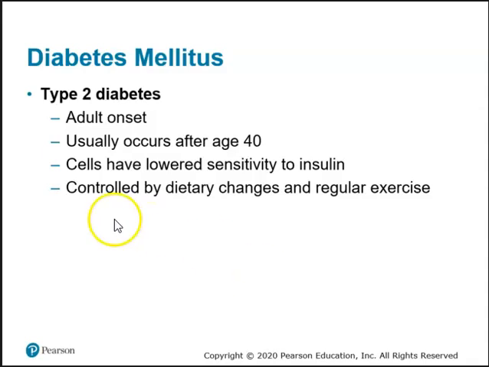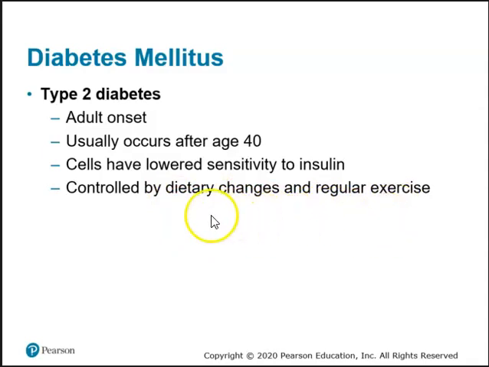Now in type 2 diabetes, cells have a lowered sensitivity to insulin, and it is controlled by dietary changes as well as regular exercise. Traditionally, type 1 diabetes was known as insulin-dependent diabetes. Most type 1 diabetics are treated with insulin to control their diabetes, whereas type 2 diabetes was known as non-insulin dependent diabetes because usually it can be controlled through dietary change and regular exercise.